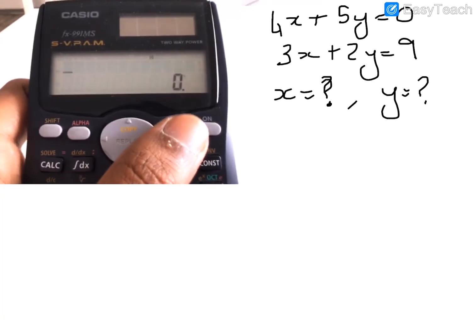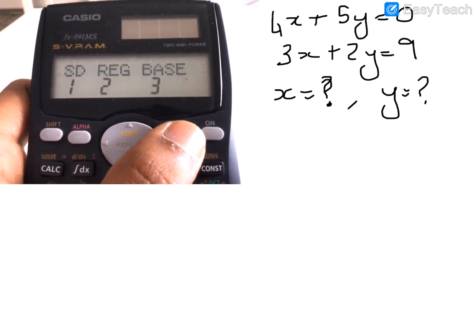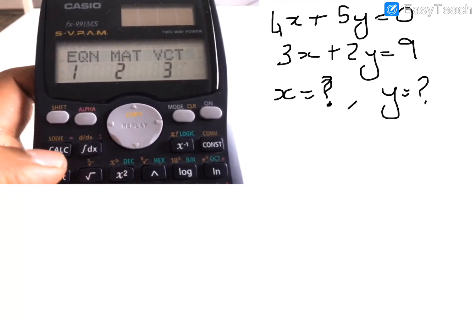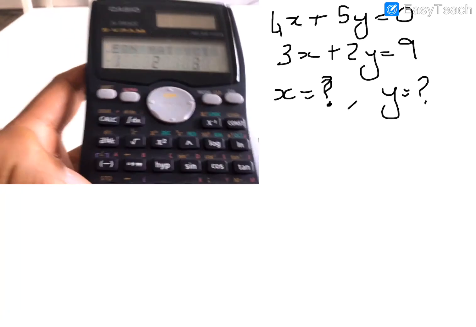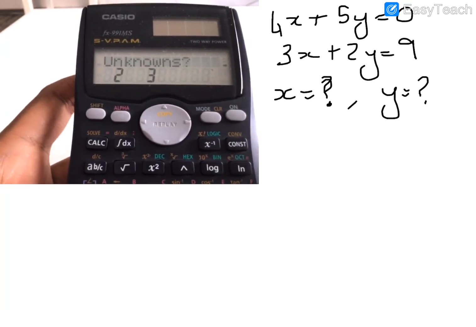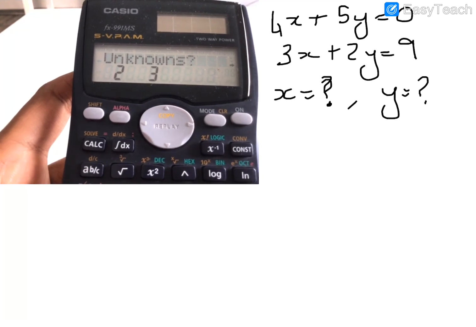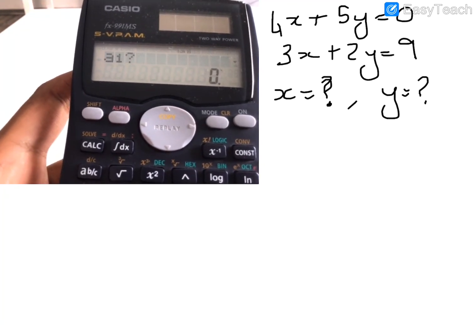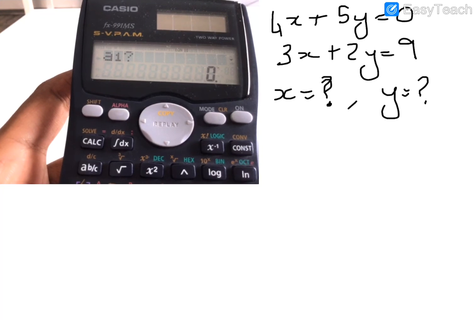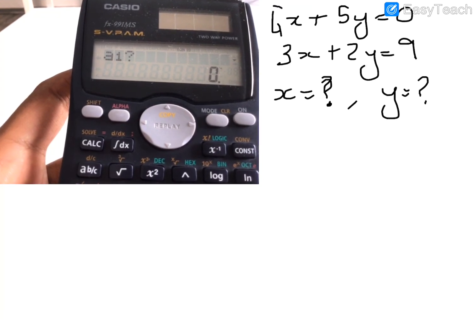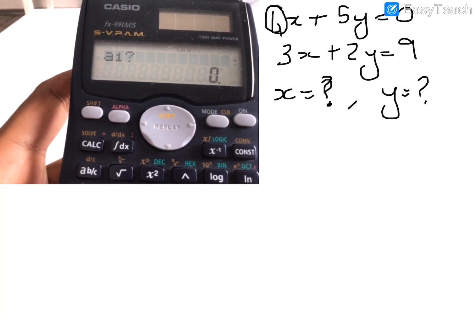So what you're gonna do is press mode 3 times until you reach equation, and then you select the equation. In our case, we have two unknowns, x and y, so we're gonna just press 2. So a1 is the value of the first coefficient of the first unknown, which is 4.